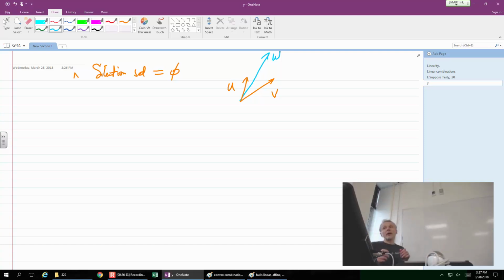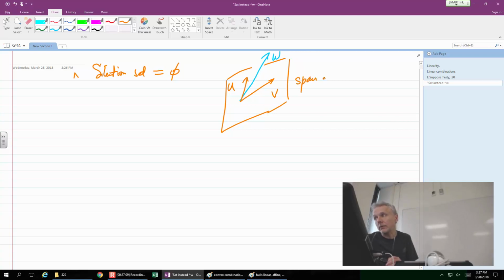Geometrically, can you imagine that w cannot be represented as a linear combination of u and v? That's right. u and v determine a plane. All of these linear combinations, also known as the span of u and v, or linear hull, determine a plane spanned by u and v, literally spanned. The word is pretty descriptive.